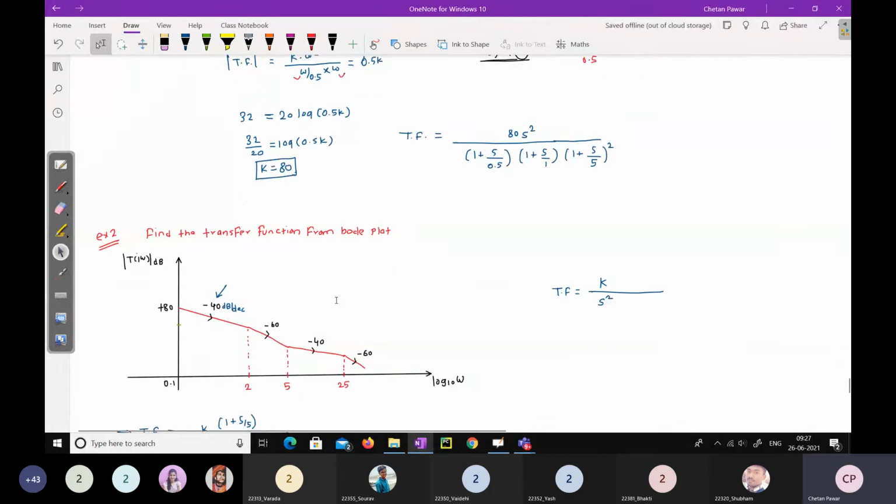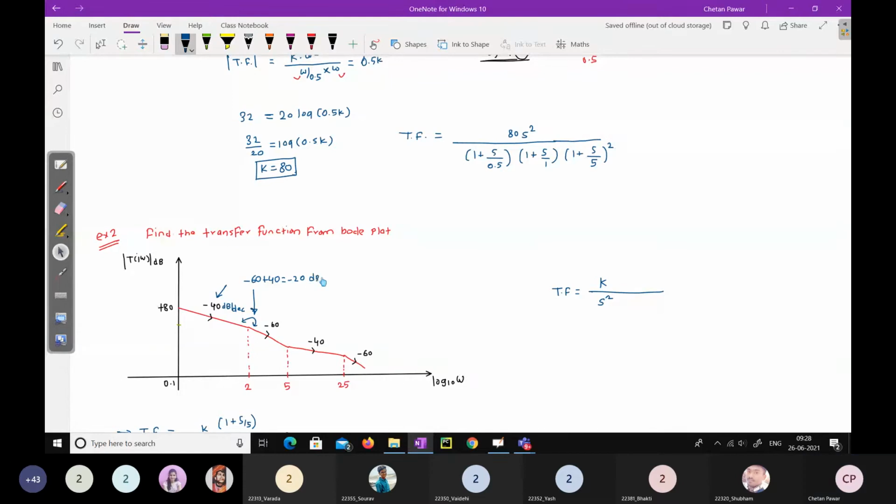Now at corner frequency 2, what is the change in slope? Minus 60 minus minus 40, so that would be plus 40 minus 60, which gives minus 20.